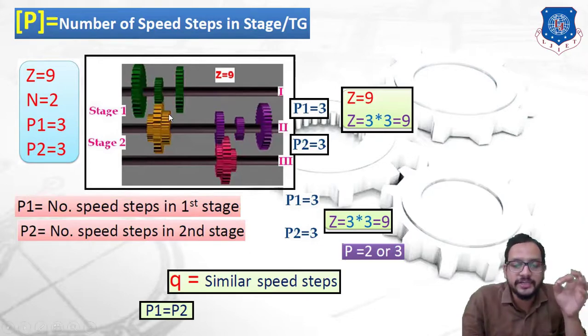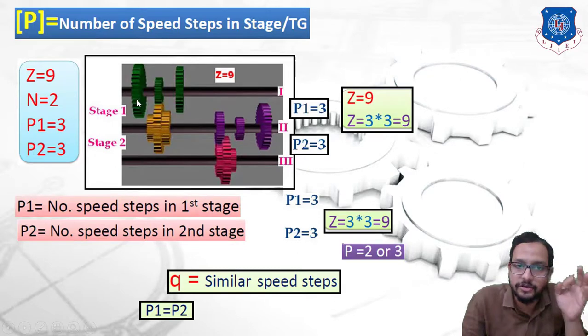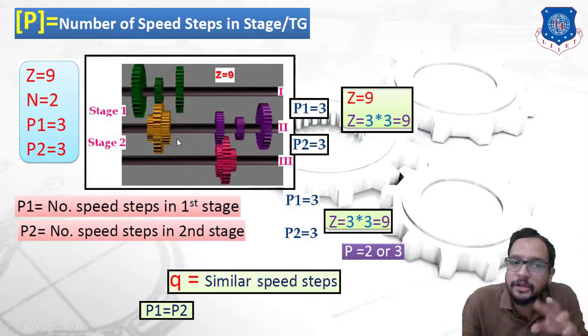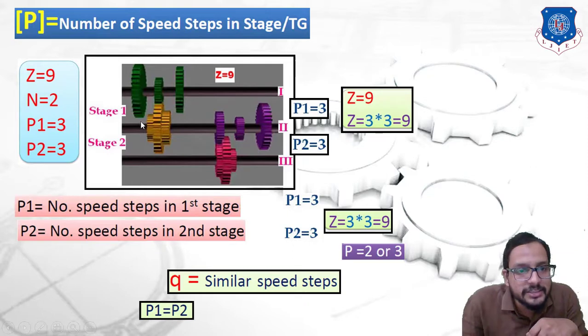Now see stage 1, which I have shown, that is the input shaft and an intermediate shaft. On the input shaft there are green gears mounted. Similarly on the intermediate shaft there are 3 yellow gears mounted. When I connect this first pair, can I say I am going to get 3 different speeds of stage 2?